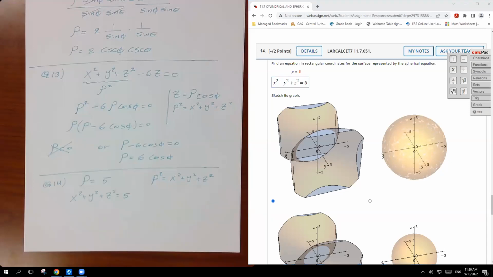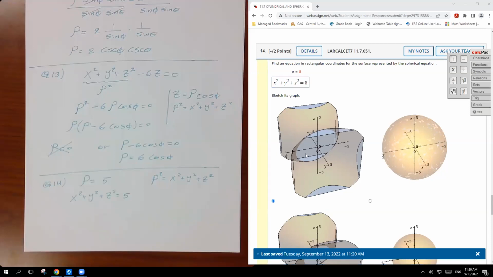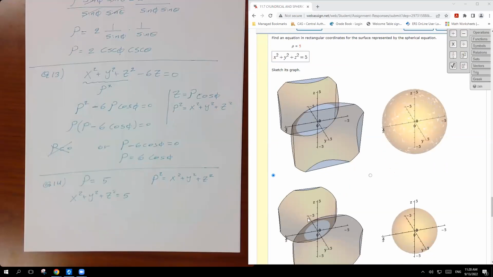So let's look here. We can choose this one, we can choose this one. Let's look at this because it's a spherical coordinate. x squared plus y squared plus z squared equals 5. We're talking about xy as a circle and z, both these equal 5.